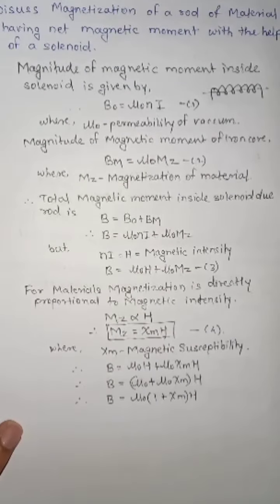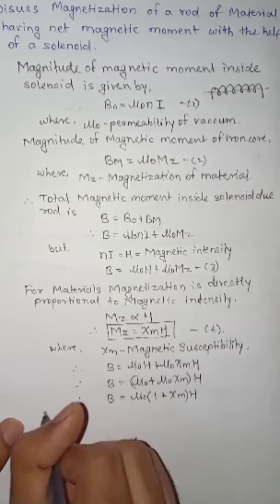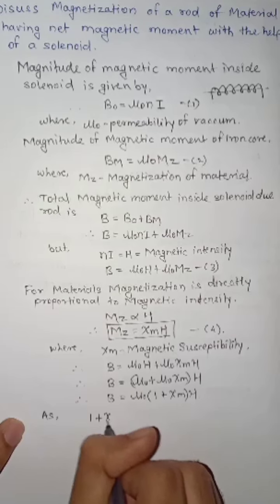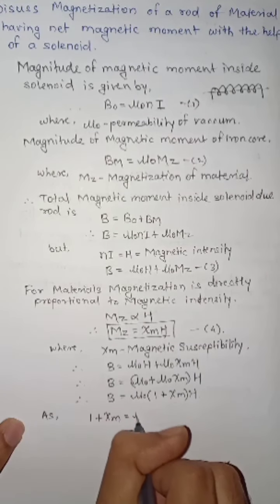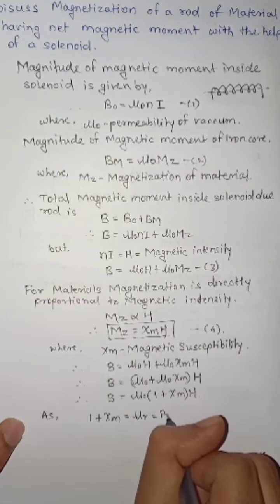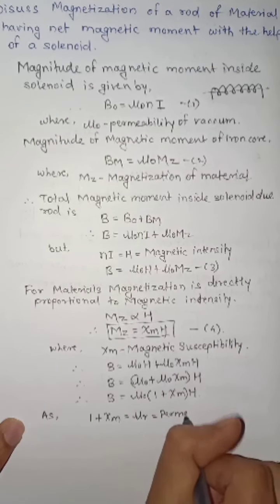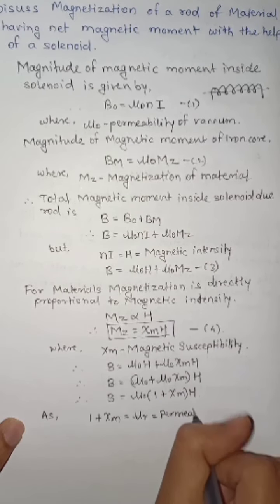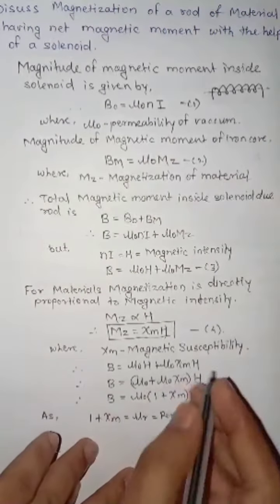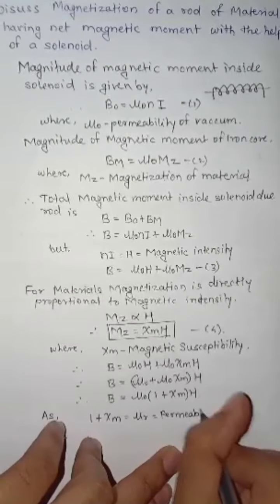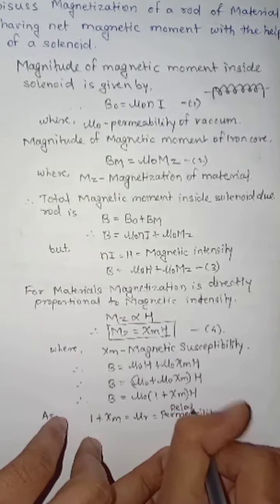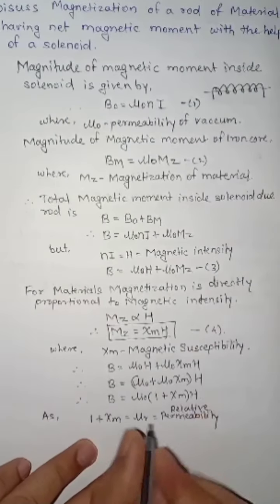Now as 1 plus chi m is called mu r, relative permeability.